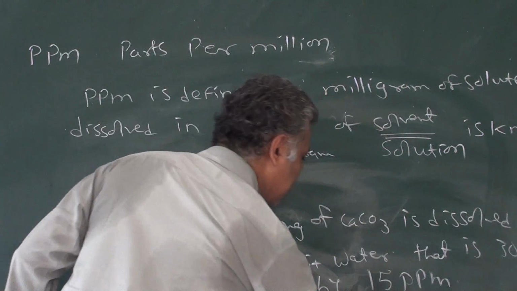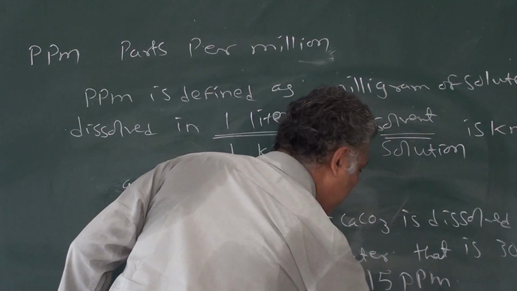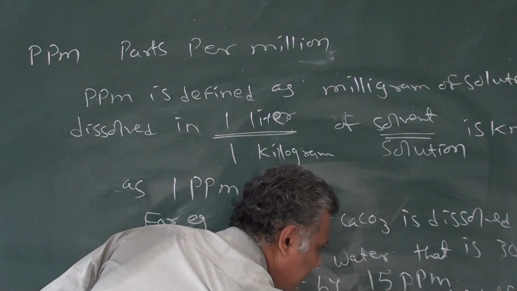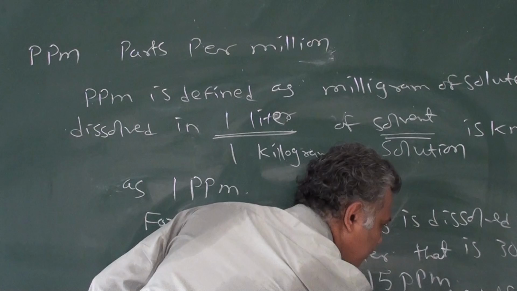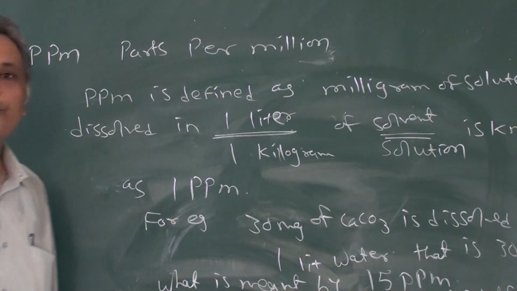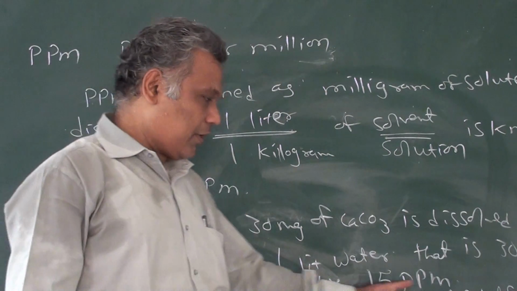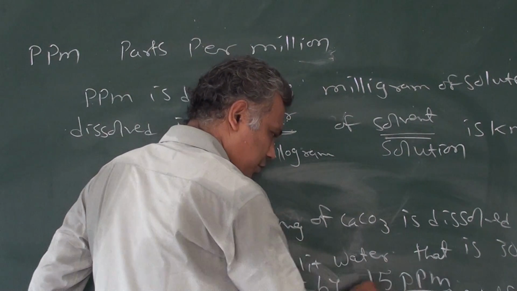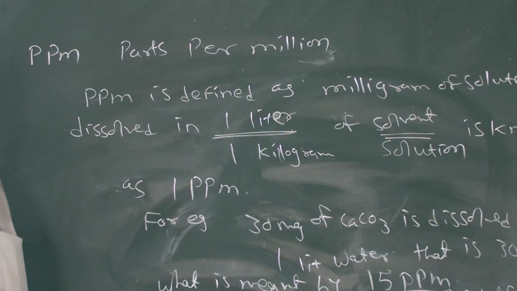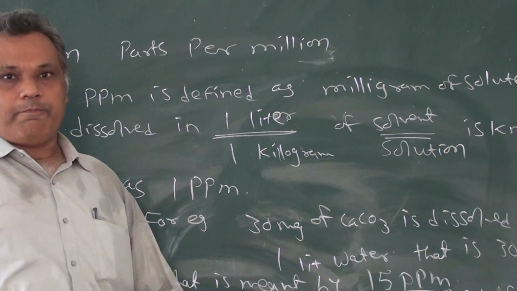It indicates 15 milligram of solute in 1 liter of solution. So for the numericals, whenever the term is given, we should get the amount of solute and solvent out of it.